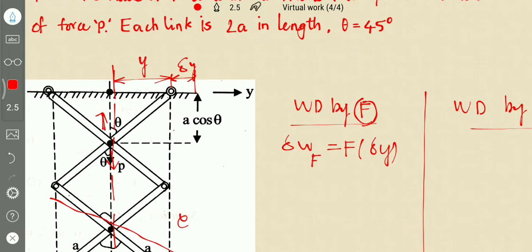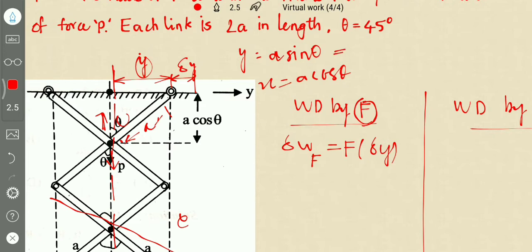If you see here, this is theta and this is the opposite side. So y will be a sine theta, because this length is a, this is the hypotenuse and this is the opposite, so y is a sine theta, and x is a cos theta.